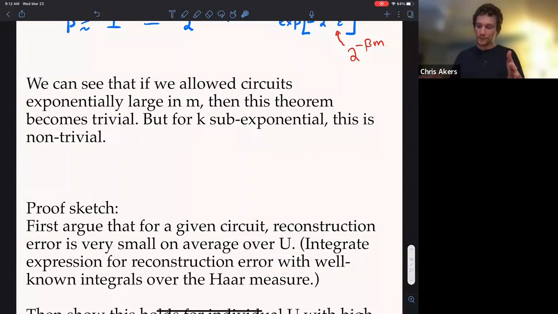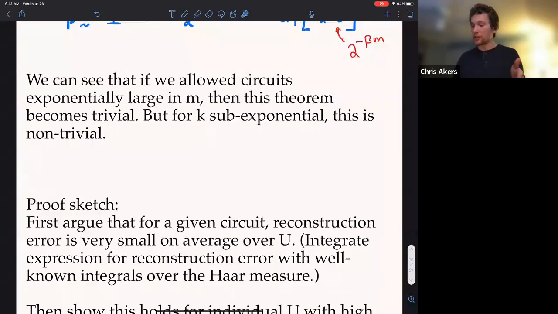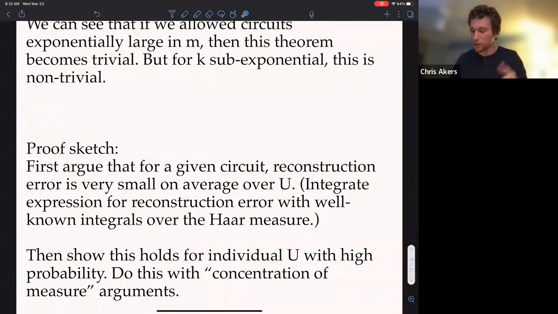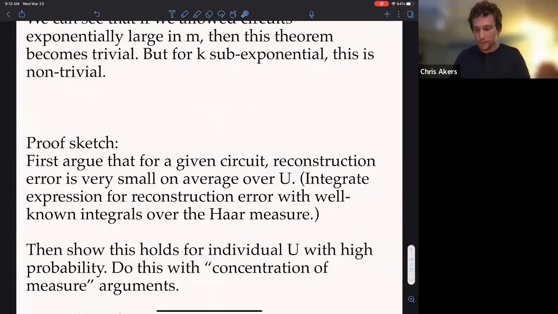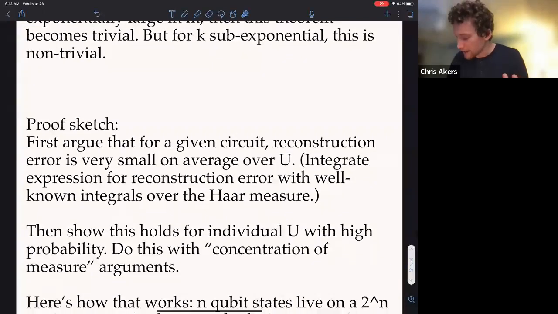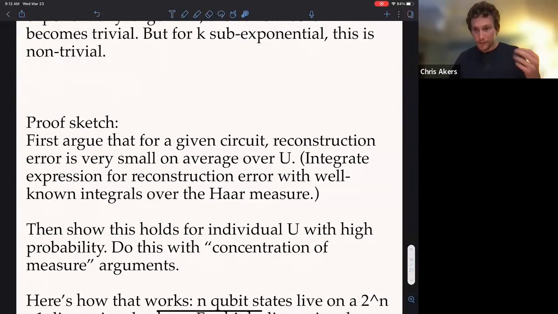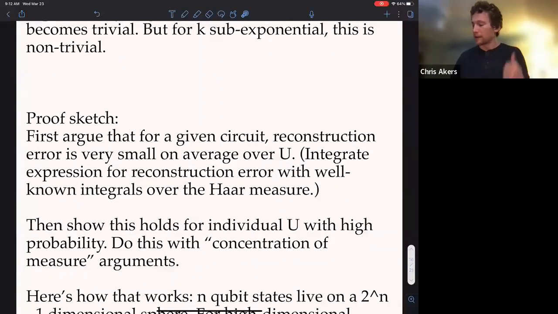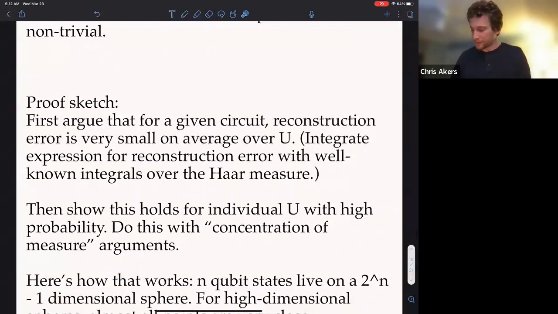Then you say, okay, I don't care about on average though. I want to know that if I pick a fixed U, would there be a high probability that the reconstruction error of that one circuit would be small? And the answer is yes. So you use so-called concentration of measure arguments to show that the reconstruction error is good with high probability for any fixed U.